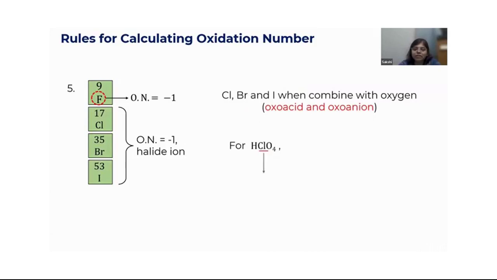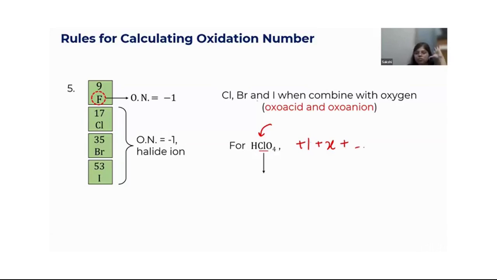So let us see. Now we want to calculate for this chlorine. For hydrogen, we know that it is +1. Chlorine, we do not know, so I'm keeping it as X. In general, we know that oxygen has a charge of -2. Only in certain cases, like hydrogen peroxide H2O2, or when it is combining with fluorine, does the charge change. Otherwise, it does not.